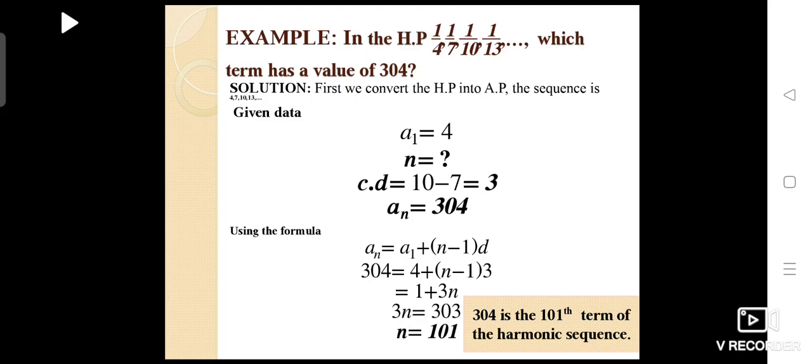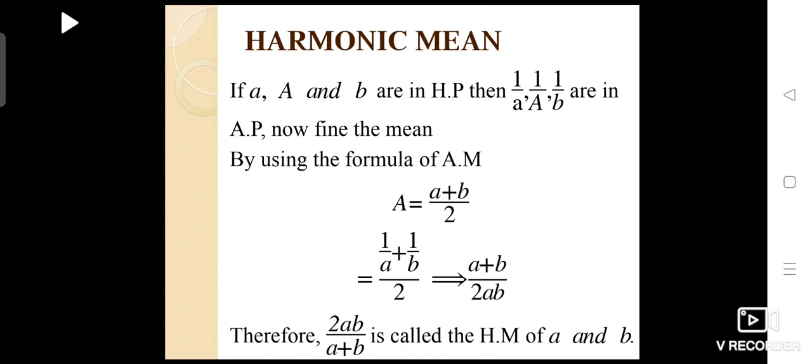The first term is 4, n is the missing value, the common difference is 3 and an is equal to 304. We use the formula an is equal to a1 plus n minus 1 into d. Replacing the values, we find n is 101. So 304 is the 101st term of the arithmetic sequence, and 1 by 304 is the 101st term of the harmonic sequence.